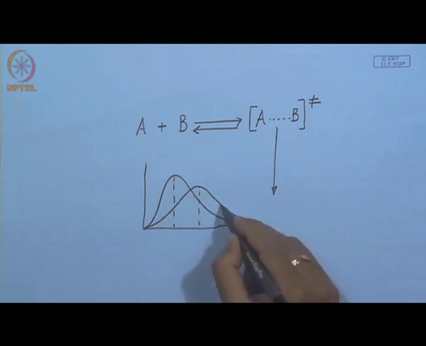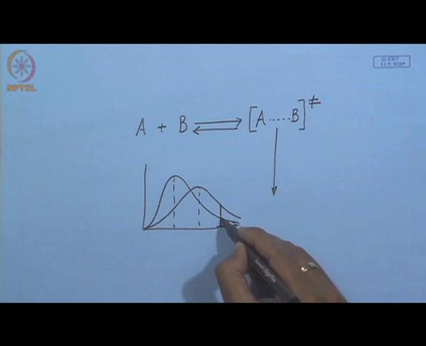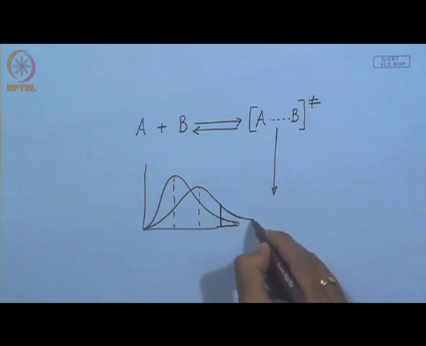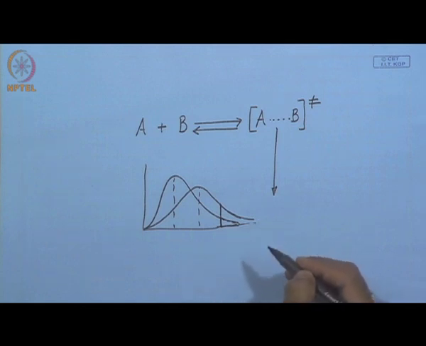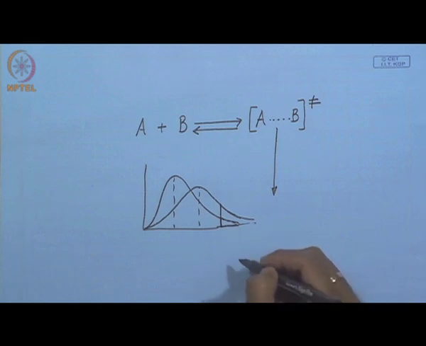And if you think of a definitive amount of energy, the number of molecules having that amount of energy or more than that will increase as a result of the increase of temperature. So, that means you will have more successful collisions, and therefore more reaction will take place. So, temperature dependence can be well explained with this theory, but it is rather qualitative.